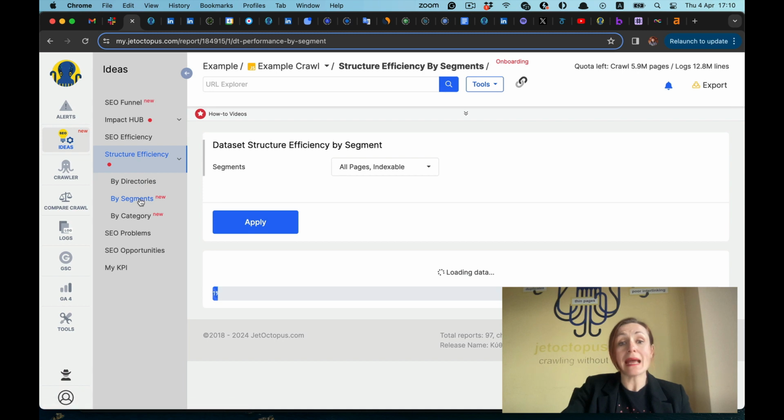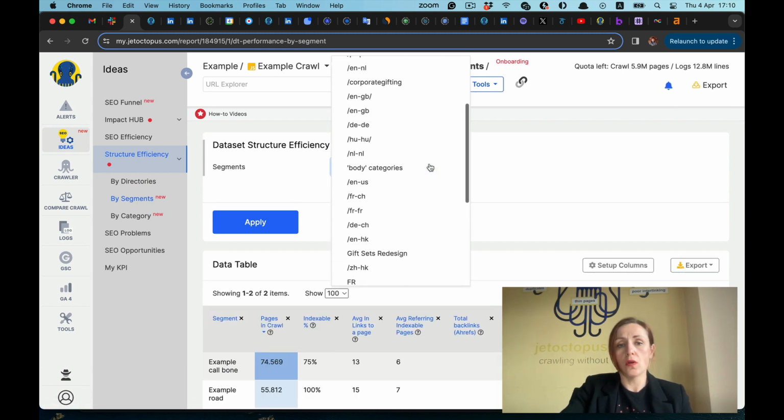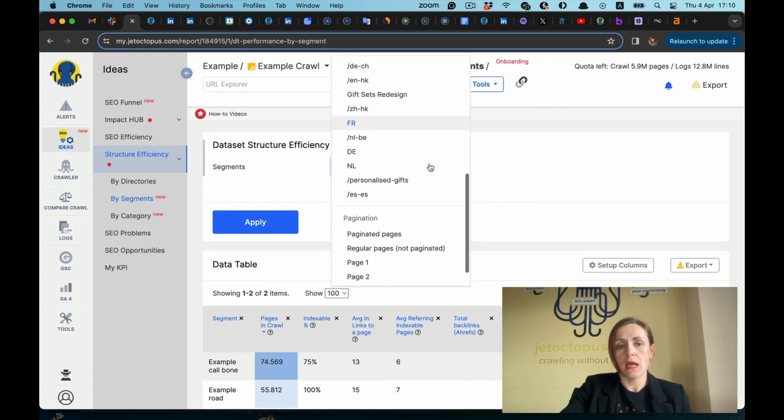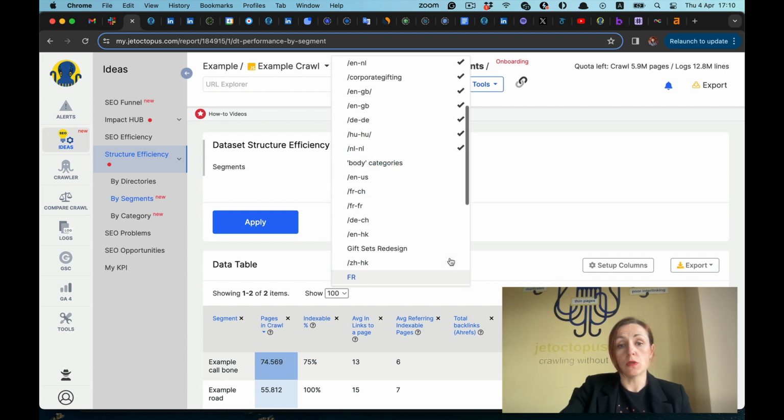Let's go to the segments. Here you have all your segments that you've built, and you are able to pick, let's see, 10 segments at one time and visualize them. Oh yeah, here it is.